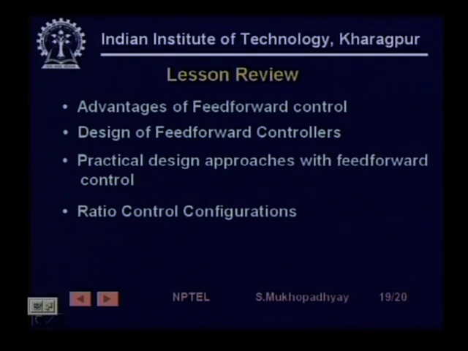So, you will get a lot of disturbance correcting action very fast, and whatever errors remain will also be corrected.